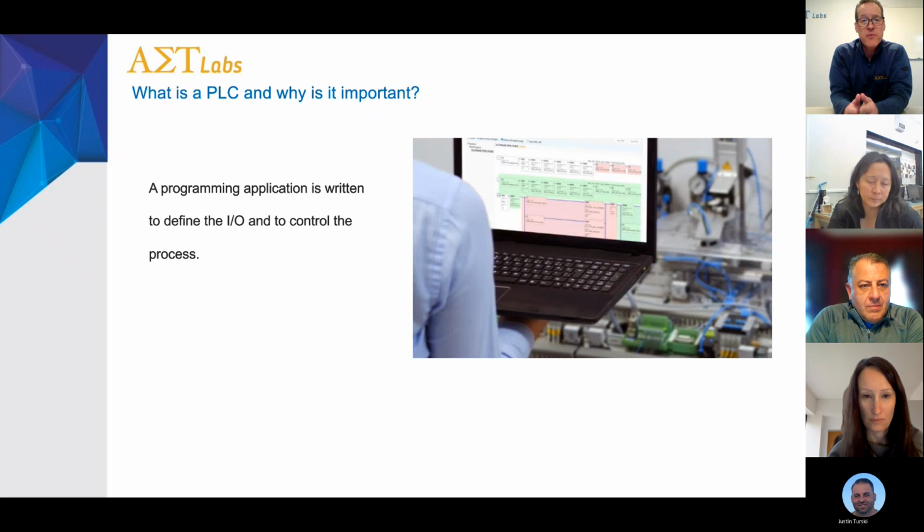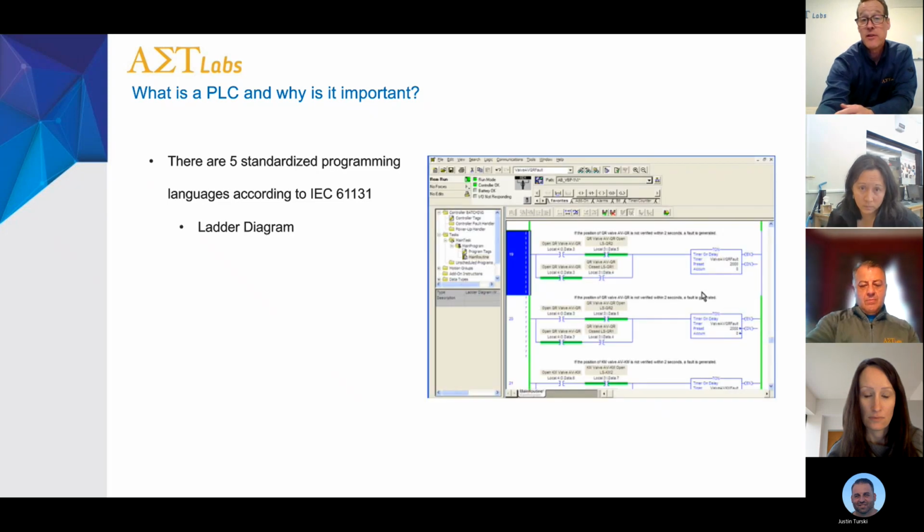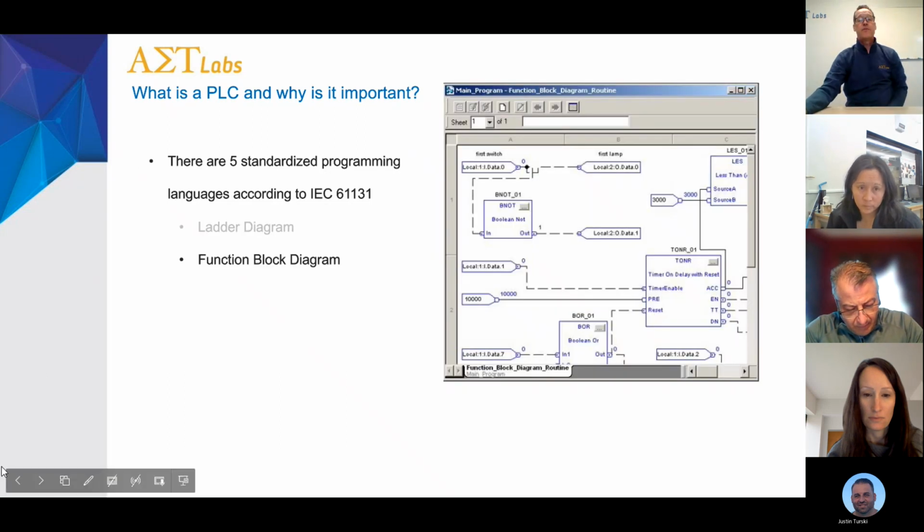So the next thing, what has to happen is a programming application is going to be written to define the I/O and what to control for the process. And there are 5 standardized programming languages according to the IEC. If you didn't know that, it's not just about ladder logic diagrams, but they are the most common. You'll hear those. Your function block diagram is another way of programming.